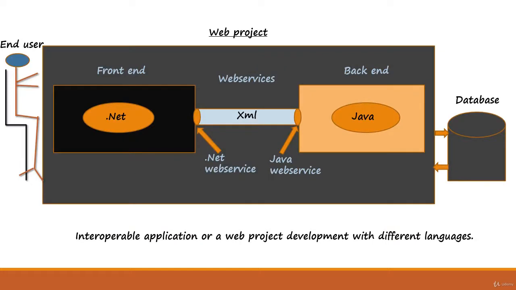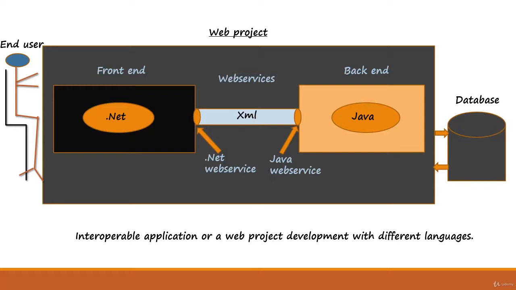This is a web project that is an interoperable application with different languages. For example, the end user is using a front-end technology with .NET and in the backend we have Java technology. I want to give communication between these .NET and Java programs. How?